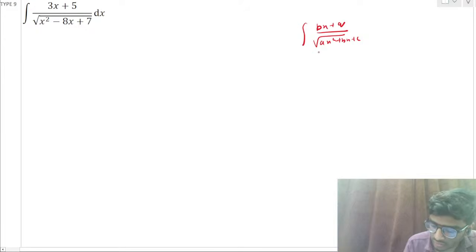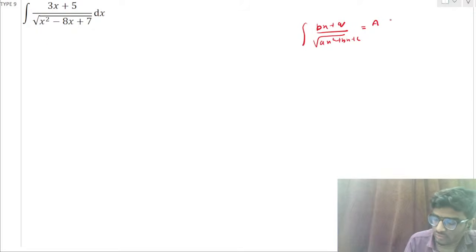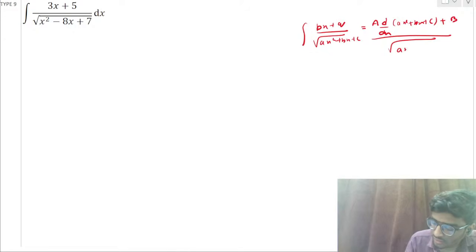Whenever you encounter this type of integral, try to write it in partial fraction form. We are going to split this integral in this form: a times the differentiation of the term under the root, ax square plus bx plus c, plus b upon under root ax square plus bx plus c.